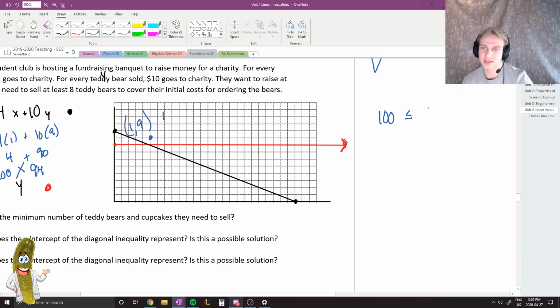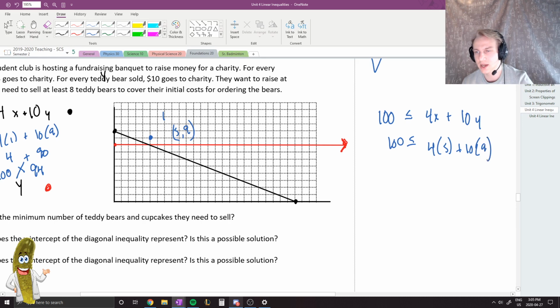100 must be less than or equal to 4x plus 10y. And this point here is not 1 comma 9. This point here is 1, 2, 3, 4, 5 comma 9. So let's test this one and see what happens. 100 less than or equal to 4 times 5 plus 10 times 9.